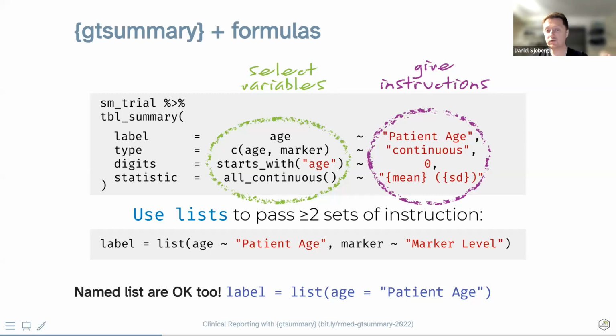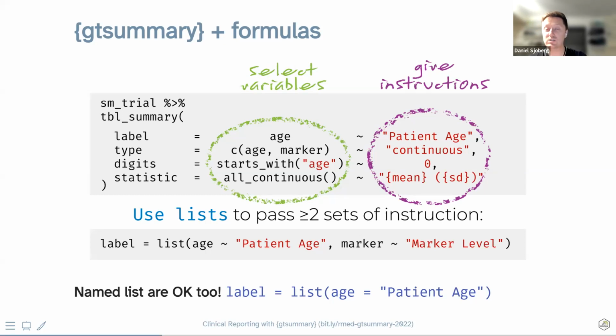The left-hand side of the formula is the selecting variable bit, and on the right-hand side of the formula is the instructions that you want to apply to the variables you selected. So in this first example, I'm saying, oh, I want to label age as patient age. And then for the next one, I'm saying, please take the columns age and marker and make those continuous.